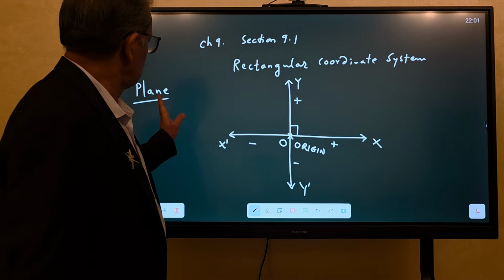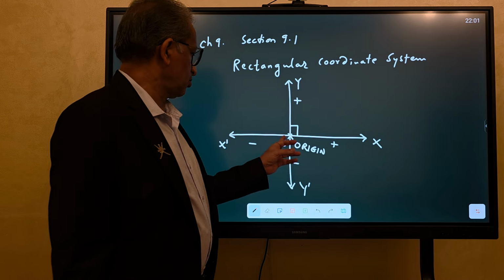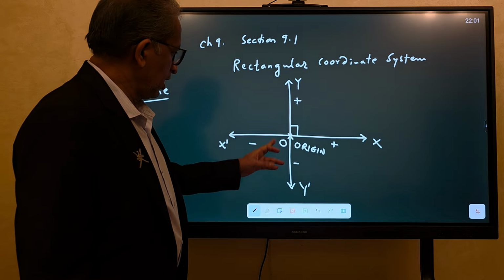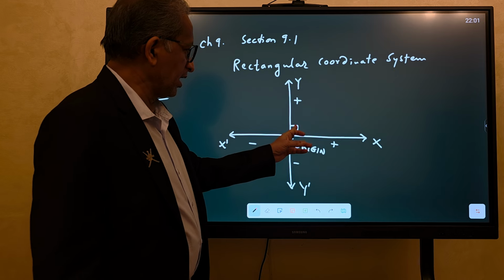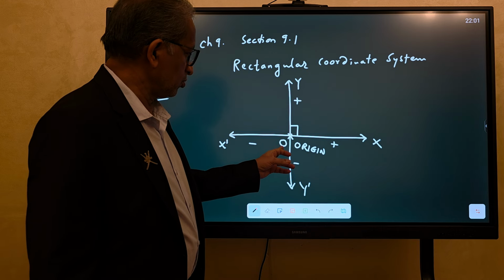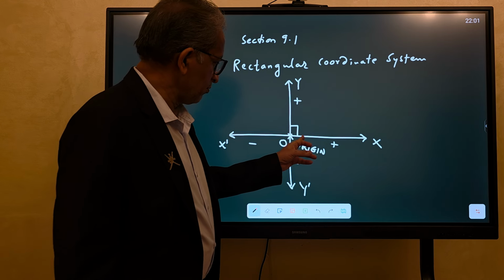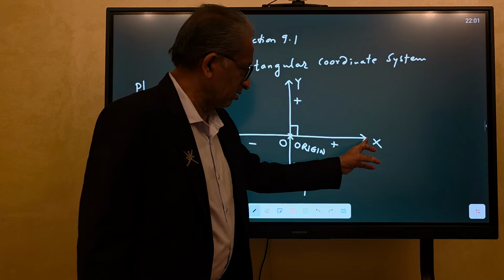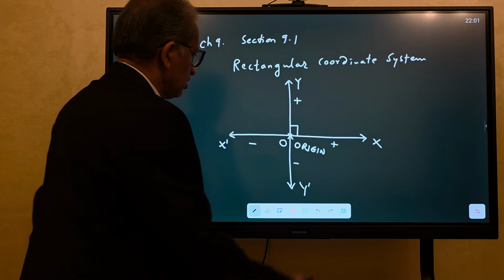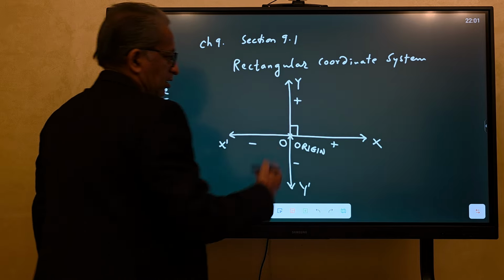So we have two lines, XOX dash and YOY dash, meeting at one point, the origin, at an angle of 90 degrees, from where I measure. So we have positive and negative.